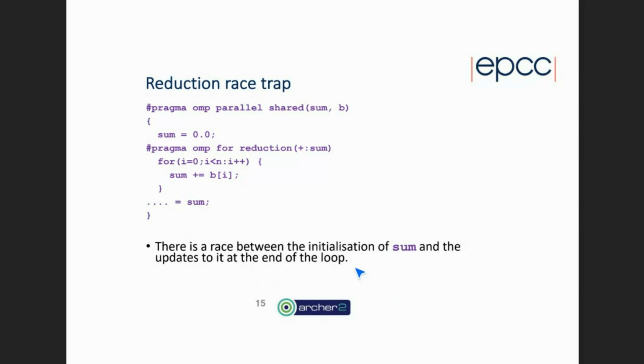Okay, yeah, this is a nasty potential source of bugs. Sometimes we want to have a work sharing loop directive inside a parallel region, and we want a reduction clause on the loop rather than on the parallel region, because we need the result of the reduction later on in the parallel region somewhere.